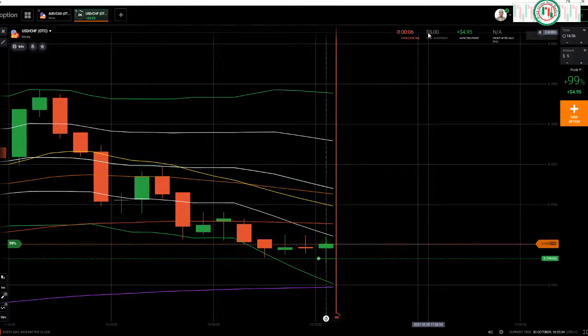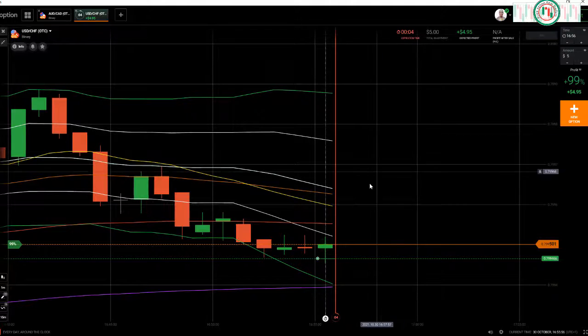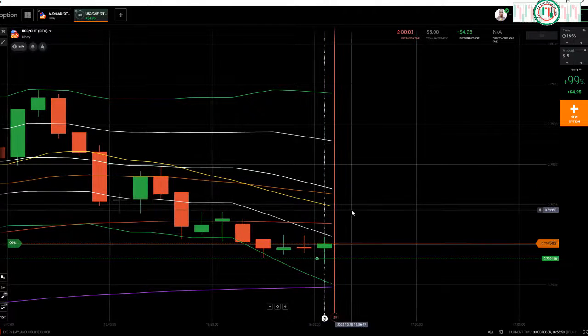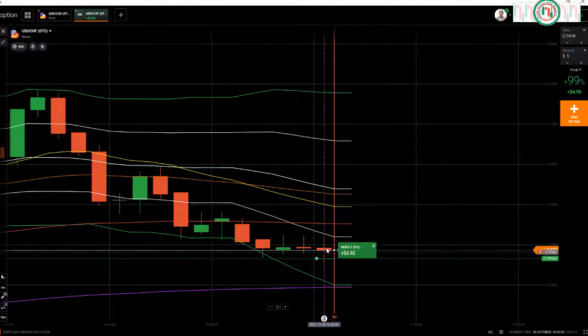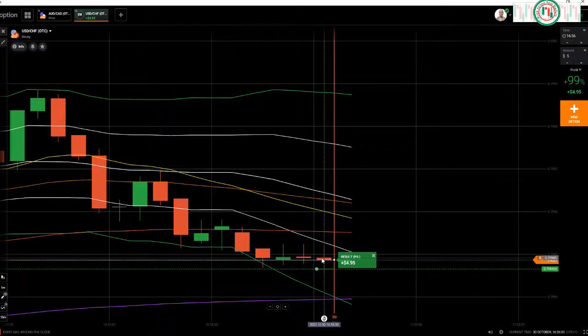We have 5 seconds. You see, it's a weak candle. So that's why I place my trade at this level. I know definitely it will be a weak candle at this level.